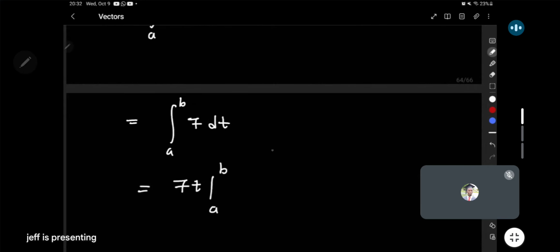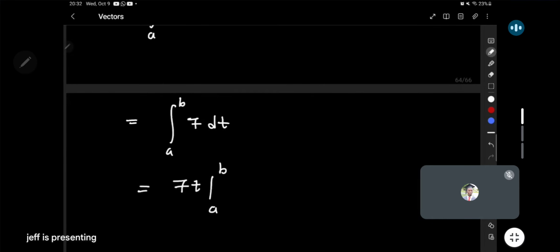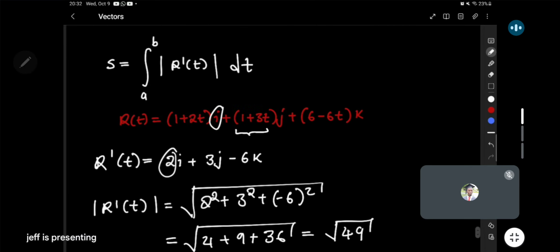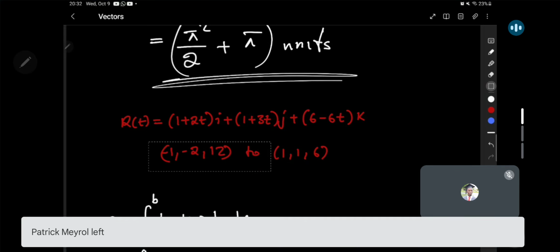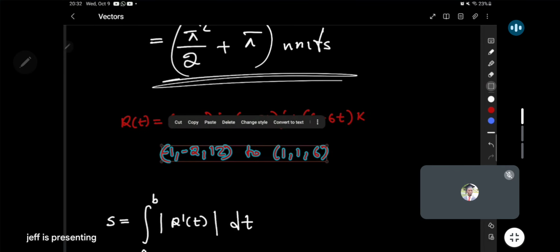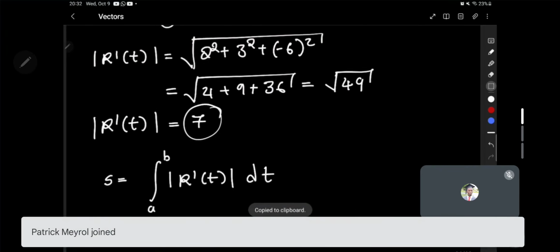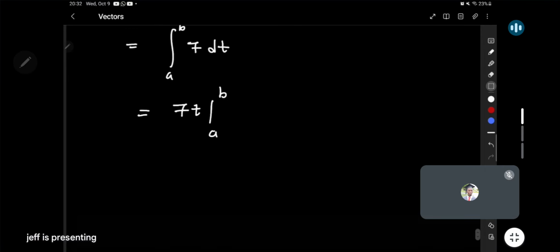So the only question is, what is A? What is B? This is where the trick comes in. In most problems, they will tell you what t is and how it is changing, the smallest value of t and the maximum value of t. But in this case, they haven't given us the smallest or the maximum value of t.